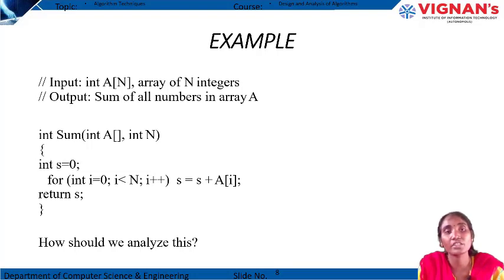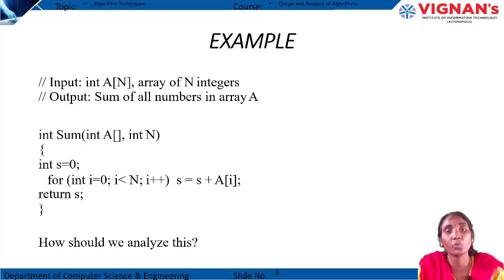Suppose the array a consists of 1, 2, 3, 4, 5 and n is 5. Then 0 plus 1 yields sum as 1. After that, i is incremented and we check the condition again. Now i becomes 1, less than 5, so the condition is satisfied.